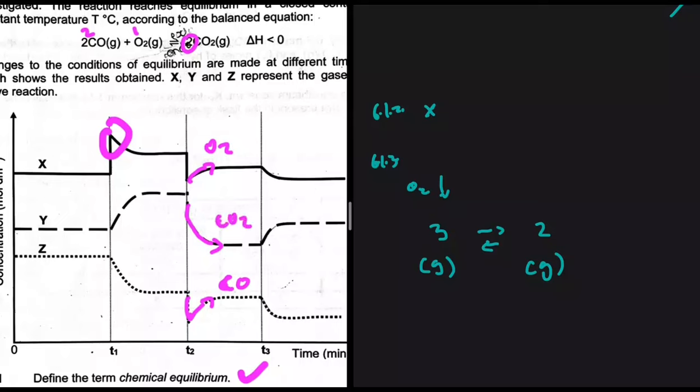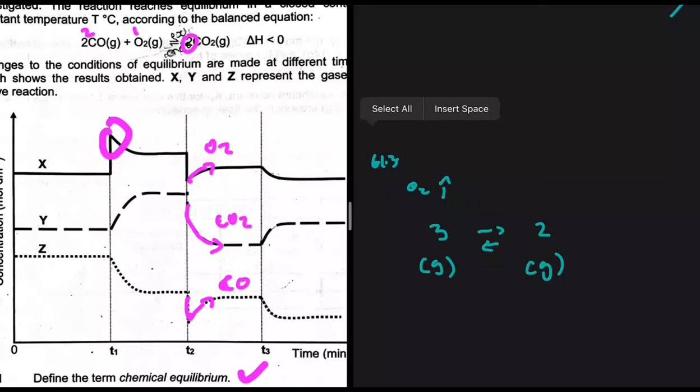So O2 did go down, but ultimately it went up, because when the pressure is changed, they all go down. Now we can conclude that the pressure was decreased here. How do we know? The concentration of all the reactants went down momentarily, as we can clearly see here. So O2 goes down for a moment, and then it goes up.